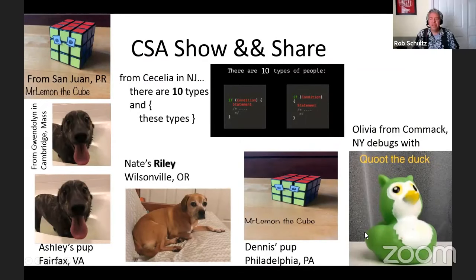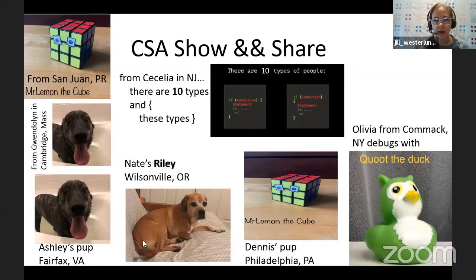Oh, it looks like some of our pictures might have gotten mixed up in here. It looks good. Oh, I see what you're saying. Yeah, I think we've got some duplicate pictures thrown in. Okay, well, Gwendolyn, I didn't notice that cat before. It's a really pretty Persian. I remember the picture of her cat. So Gwendolyn, we'll get your cat on there on Monday. So I love San Juan, Puerto Rico. I'm gonna have to drop a pin if I didn't already. I don't think I did. So that's exciting. Cecilia in New Jersey sent us the brackets.